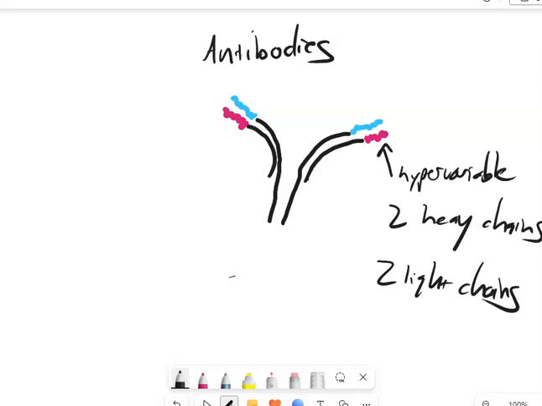And the purpose of those is to make a brand new randomly generated binding site. Antibodies are very similar to B-cell receptors, and receptors have binding sites, and so do antibodies. The difference is antibodies stick to something, and that is their whole job.